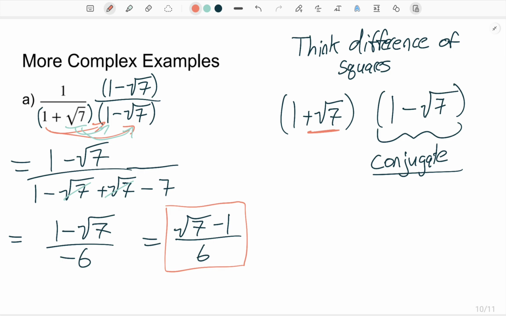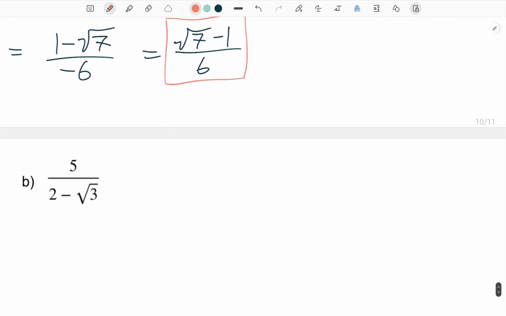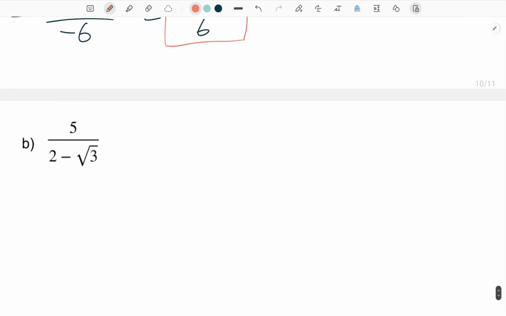Okay, let's try that one more time. This time with 2 minus root 3. So first of all, the conjugate. This is what we want. This is going to be, well, start with this first number as being the same and flip the sign of the square root.